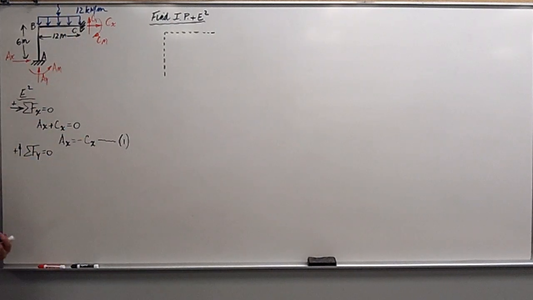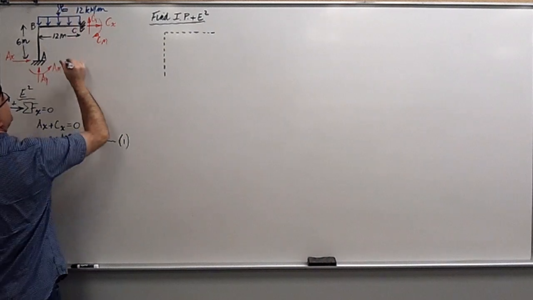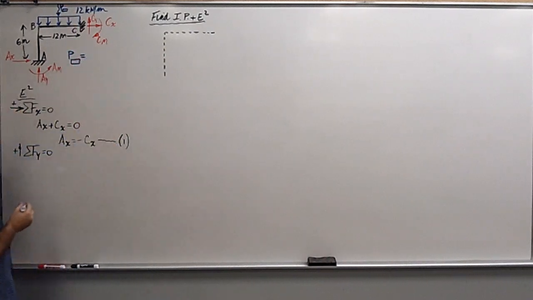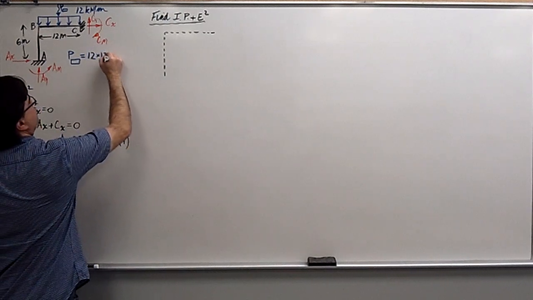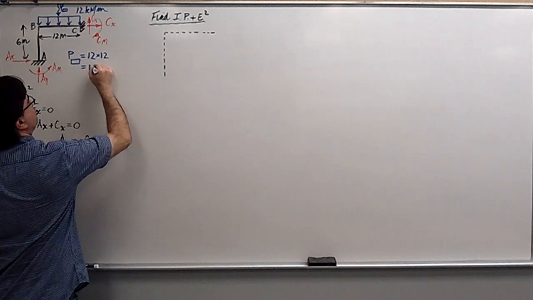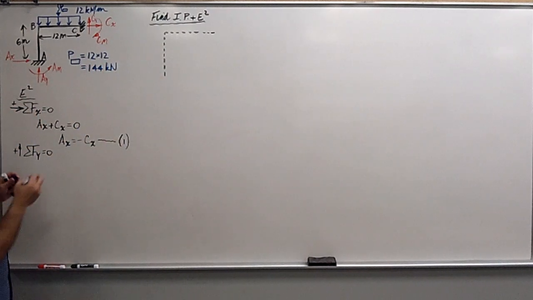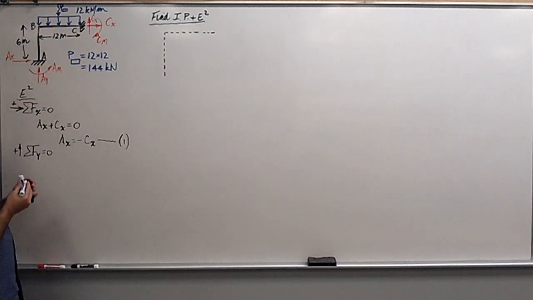That distributed load can be replaced with an equivalent point load right in the middle because it's uniformly distributed. I'm just going to do the calculation right here. It is 12 kilonewtons per meter times 12 meters equals 144 kilonewtons. And it's located right in the middle at a distance of 6 meters from both B and C.